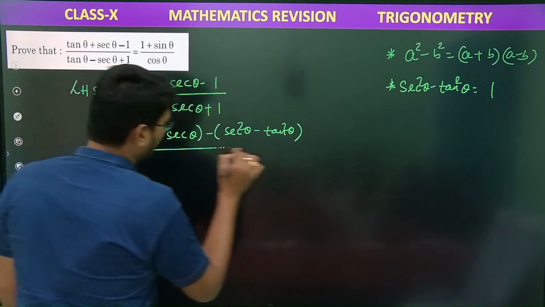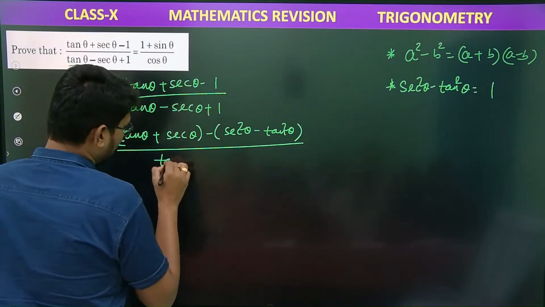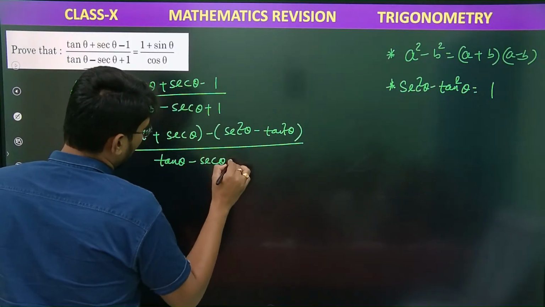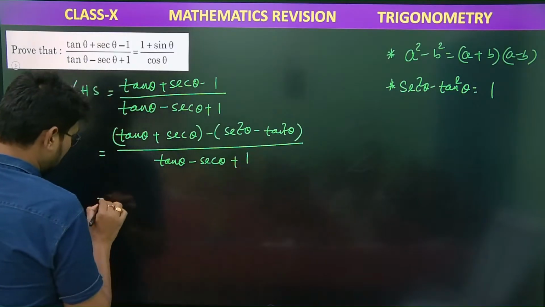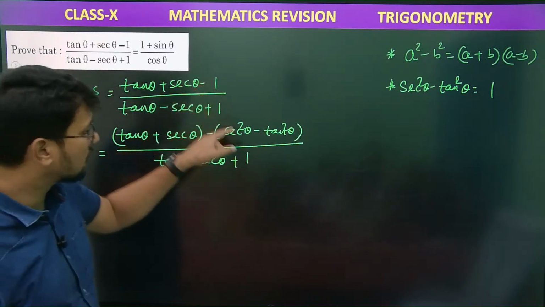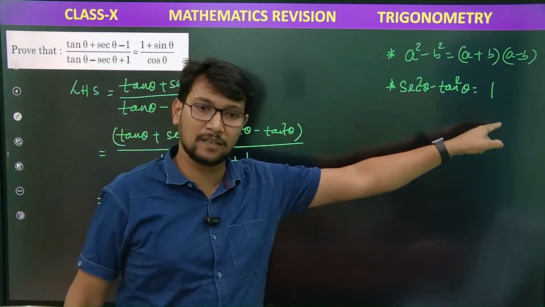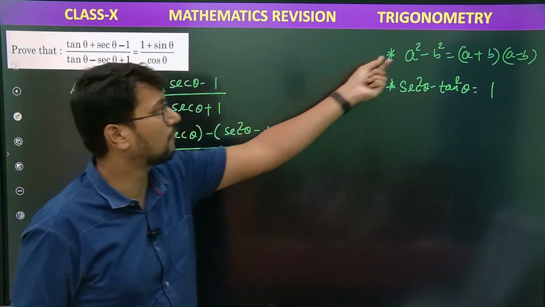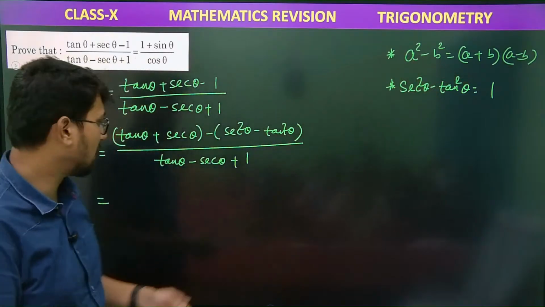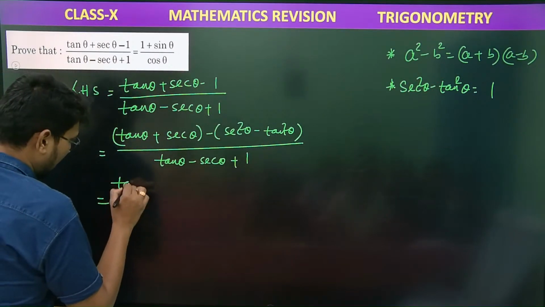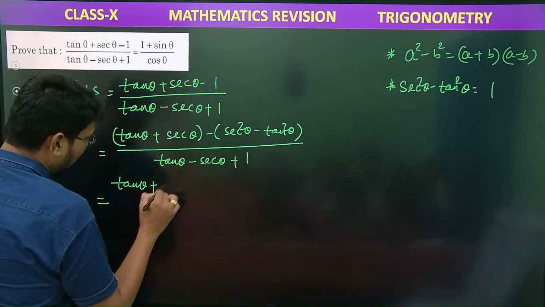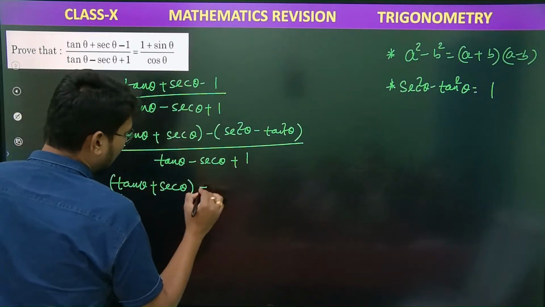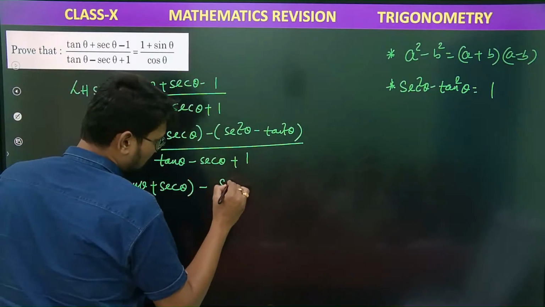Whole divided by tan theta minus sec theta plus 1. Now see, we have used this identity here. Now this has become a square minus b square. We have to apply (a plus b) into (a minus b). So that is tan theta plus sec theta minus, I can write this as what?